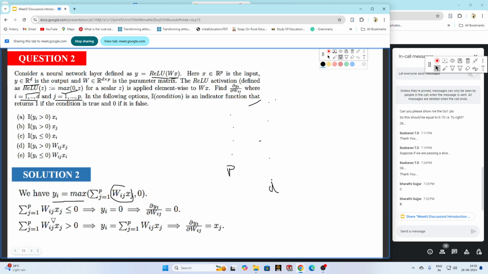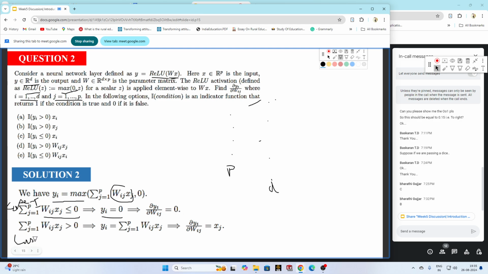So this is our first case. If wij xj is less than or equal to 0, then your yi will be 0, because it is the maximum of this and 0. So the maximum of a negative number and 0 will be 0. So yi will be 0. And when you differentiate it, del yi by del wij, it will be 0, because yi is 0, and 0 differentiated by anything is equal to 0. So this is our first case.